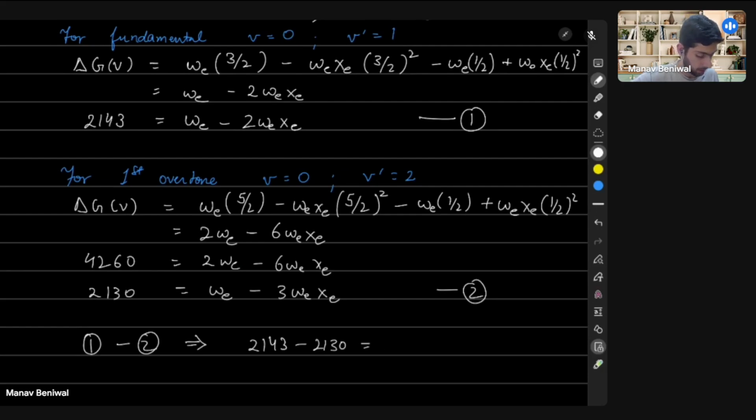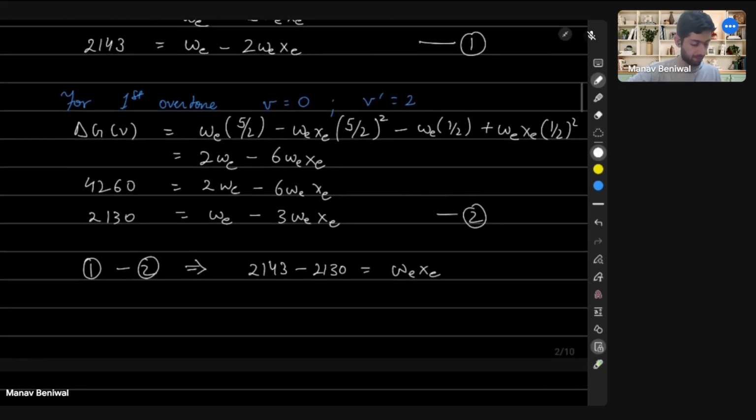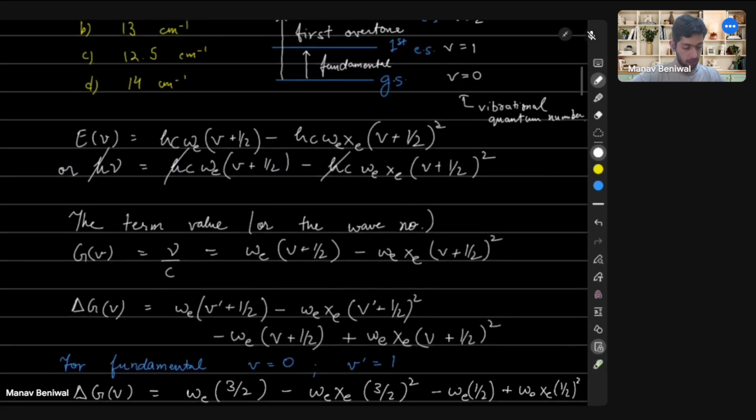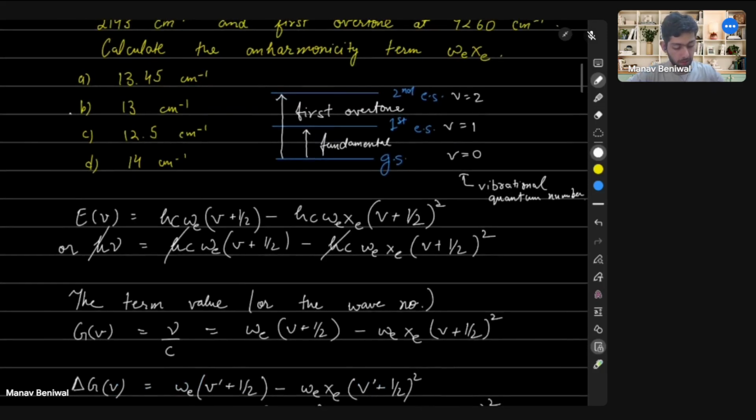So omega e will cancel out and we will be left with omega e x e. This implies omega e x e is nothing but 13, of course per centimeter, and this is our answer, which matches with option B.